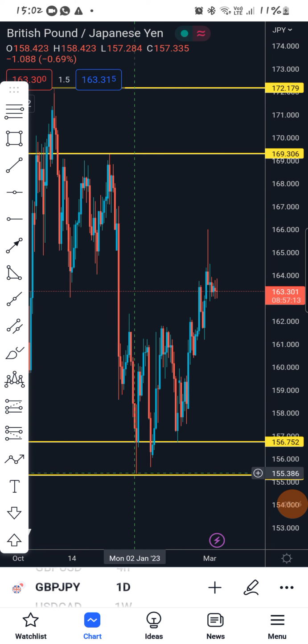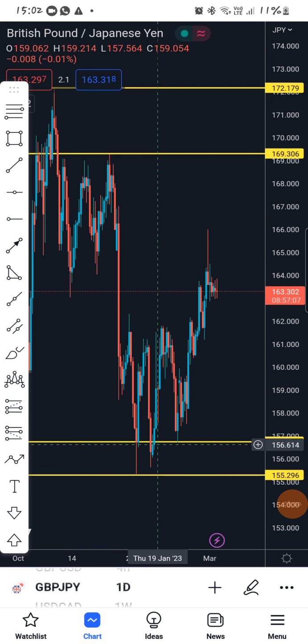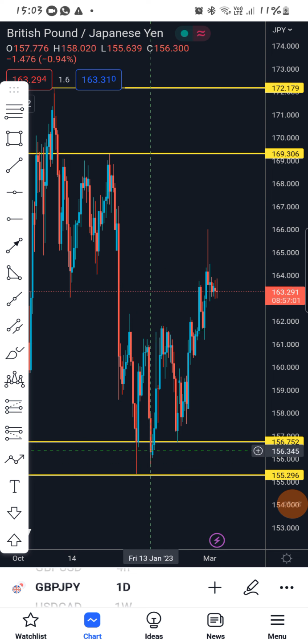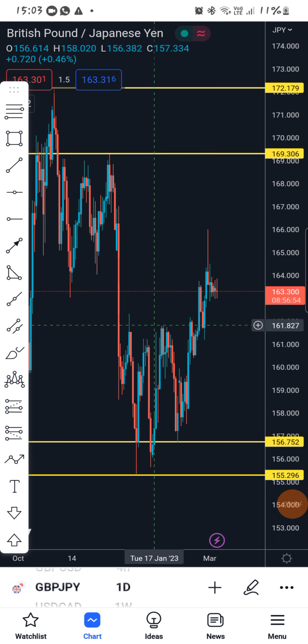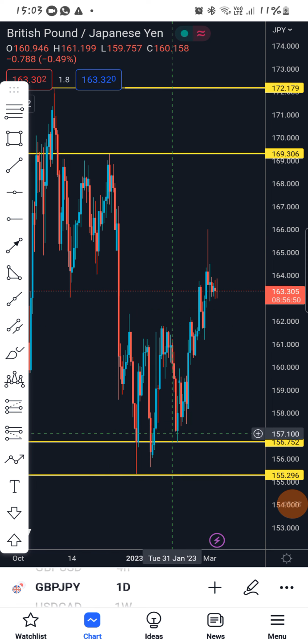From this low, we created a higher low. Since we failed to break this high here, we made another low here. The market failed to break this high again, and then it created another low.